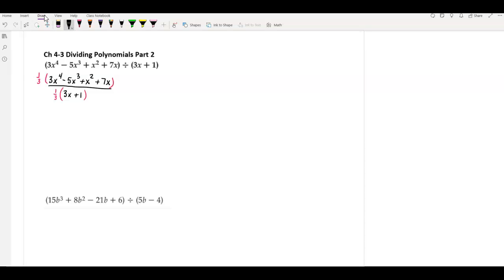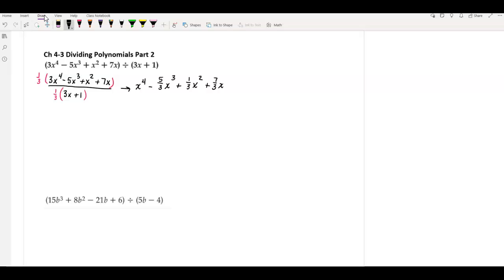So what happens, 1/3 times 3 is 1x to the 4th minus 5/3 x cubed plus 1/3 x squared plus 7/3 x. Right now you're probably going, Miss Younger, this is absolutely gross.